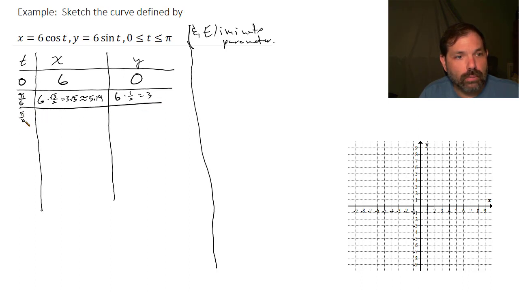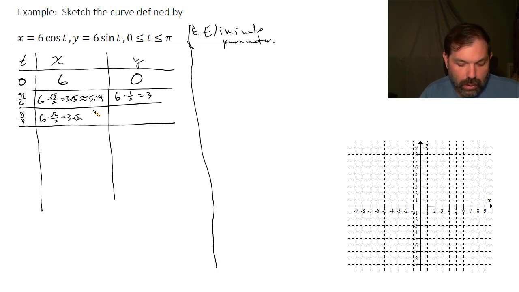Pi over 4. The cosine of pi over 4 and the sine of pi over 4 are root 2 over 2. So I'd have 6 times root 2 over 2, so that's 3 root 2. And the square root of 2 is about 1.41, so 3 times 1.41 is 4.23. So x is 4.23, and y would also be 4.23.